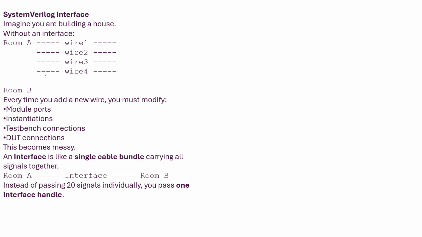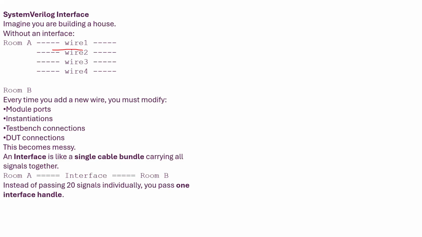So we have the room A connection and the room B connection. For that, we use wire 1, wire 2, wire 3, different wires, like input output ports. For input ports we use different wires, and for output ports we use registers. From that we connect the different signals.